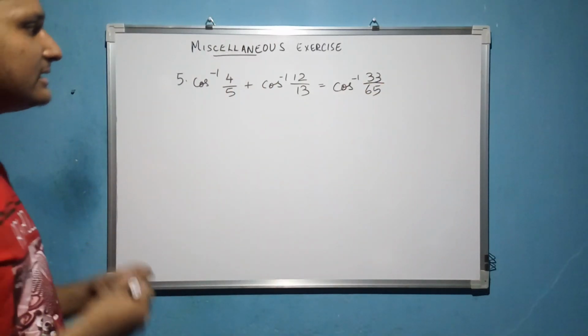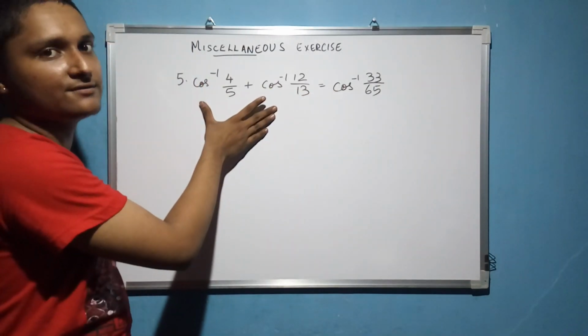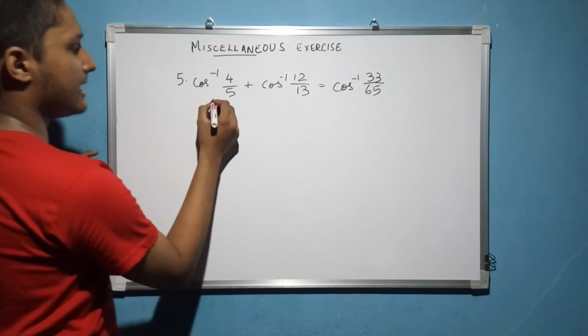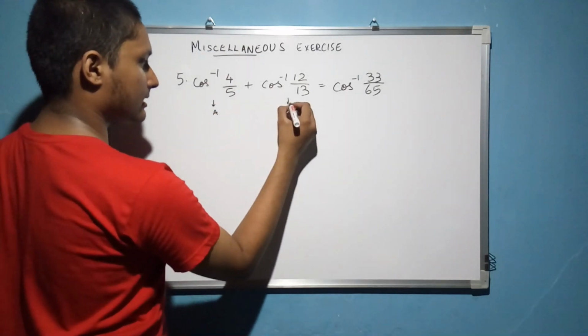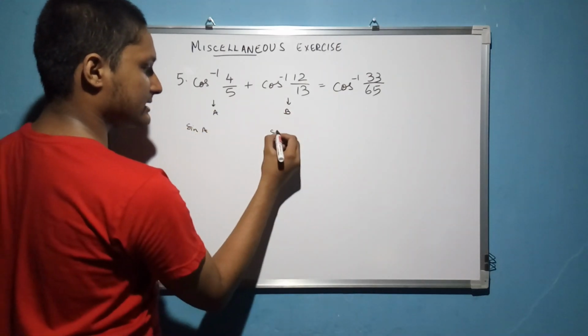So since the right hand side is cos inverse, we need to find the cos of these two. Okay, so let me consider this is A, and this is B.